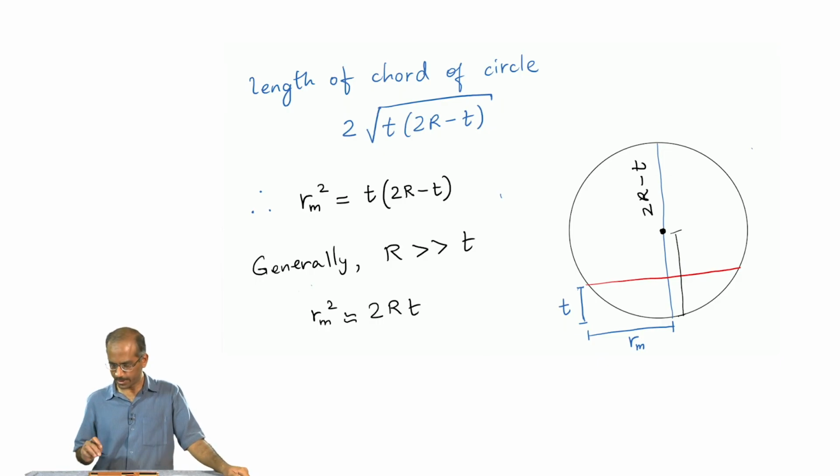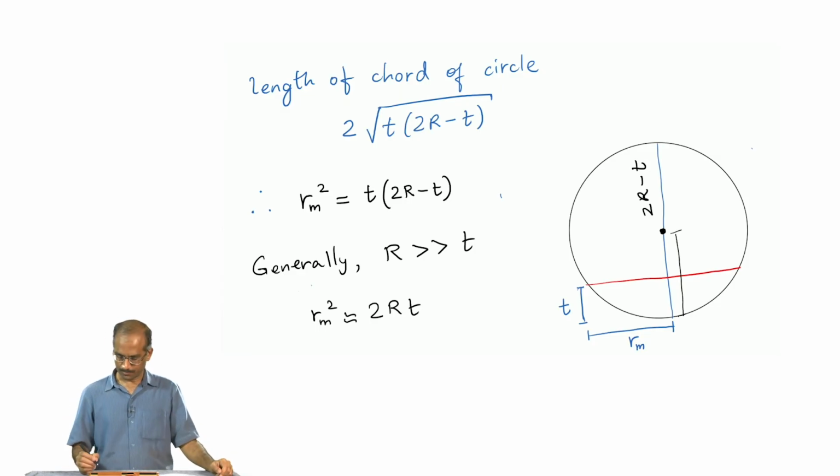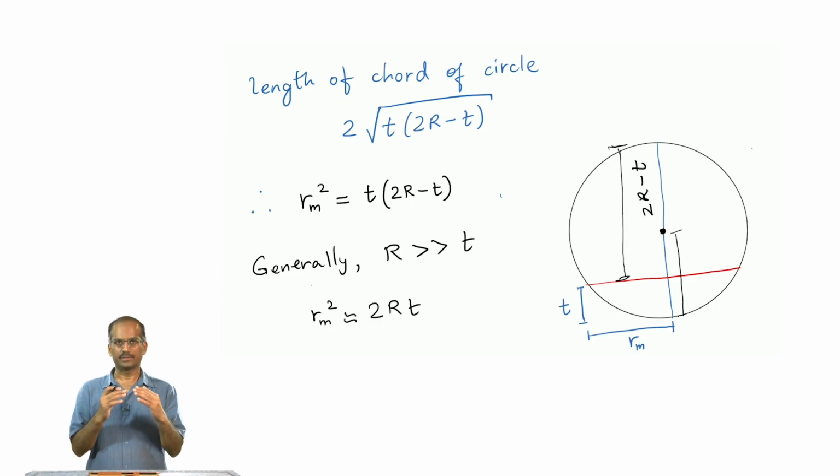Now, I would like to calculate the distance of the mth fringe from the center, and that is very easy to calculate if you realize that since this distance is T, this thickness, 2R minus T would indicate this distance, and this red line that I have drawn is the top portion of your plano-convex lens, but that is like a chord of a circle in this case.